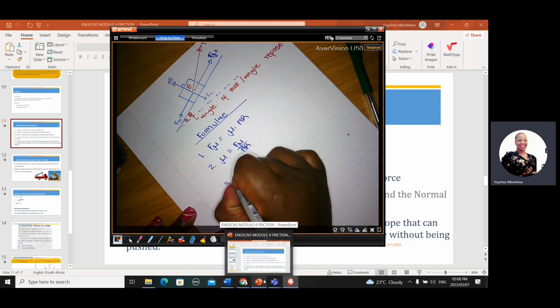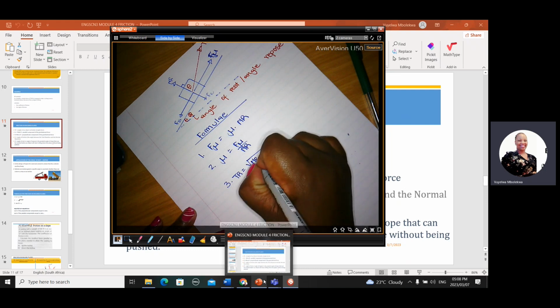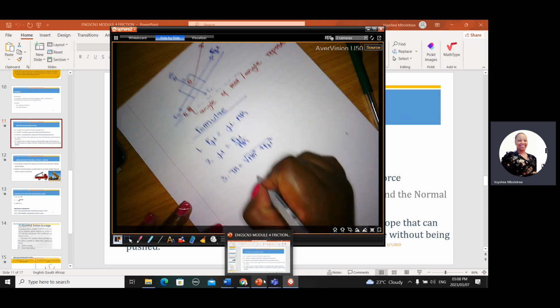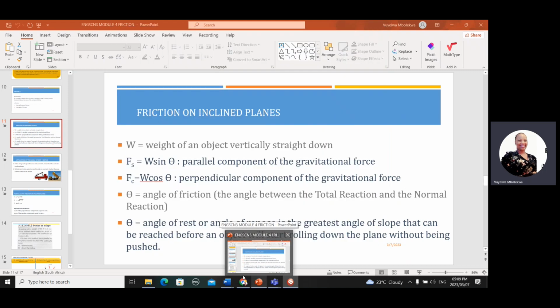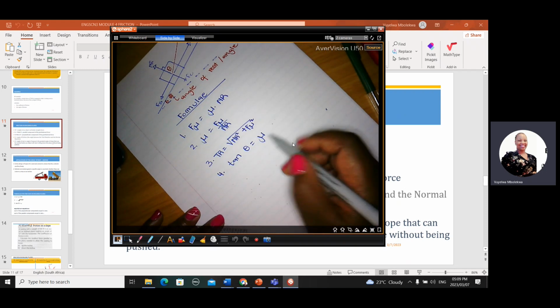And then the total reaction is still the square root of normal reaction force squared plus the frictional force squared. The angle of rest is calculated the same way as the angle of friction. It is tan theta equals the coefficient.